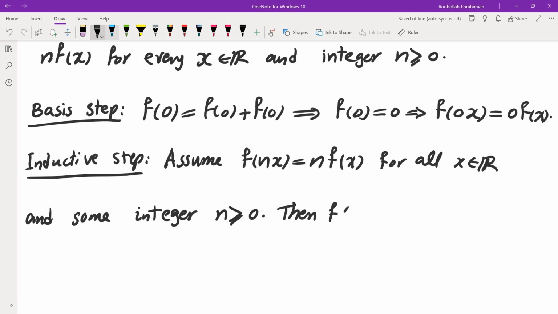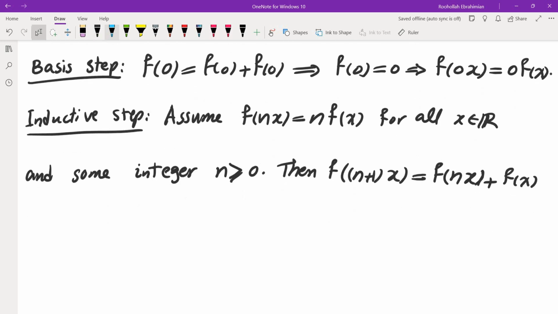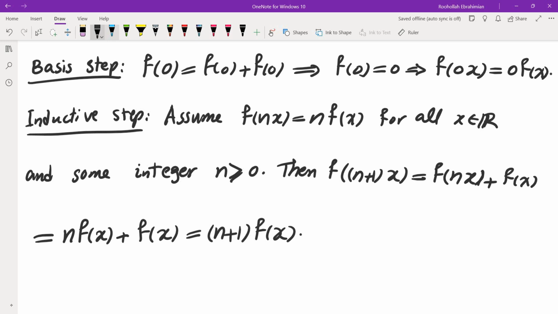Then f of n plus 1 x is going to be f of nx plus f of x by the additivity that we had before, f of x plus y equals f of x plus f of y. And this is n f of x by inductive hypothesis plus f of x, which is n plus 1 f of x. So this completes the proof of the claim.